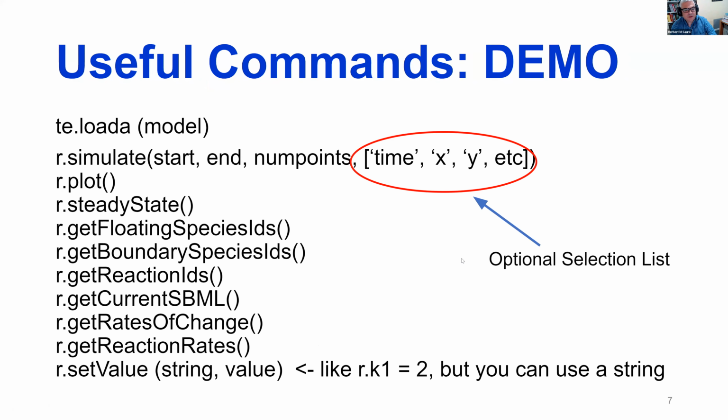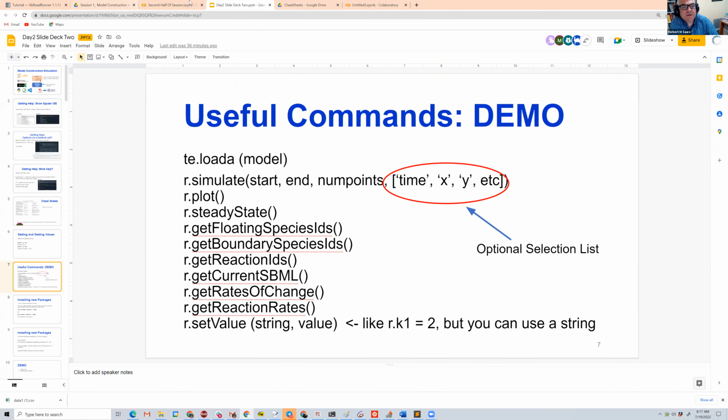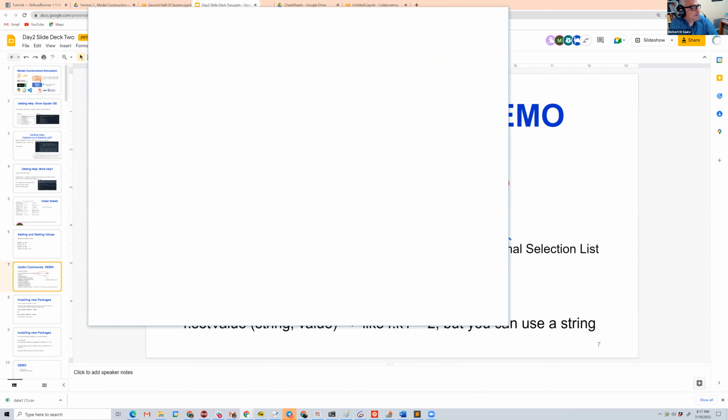So here's some useful commands which I thought I'd go over. Some of these, load A for loading the model, simulate you've seen, plot you've seen, steady state we'll come to later on. But there are things like floating species boundary and so on. So let me show you some of these then, right? So I'm going to move this over to here.